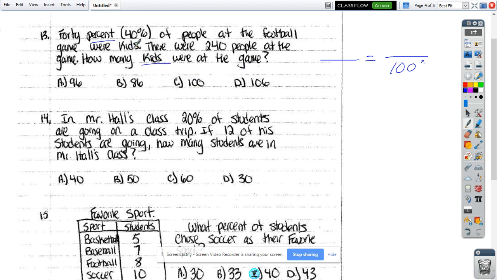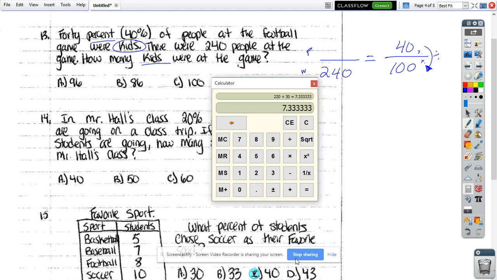So we've got kids and we've got kids, so we don't have to do any fancy math and subtracting. So we have 40%. Again, I don't need that percent sign, but it just helps me to remember. And then 240 total. So my total goes down here because I have the part and then I have the whole. And the whole is 240. Here, we can divide down. 40 divided by 100, because we just move our decimal, is 0.4.